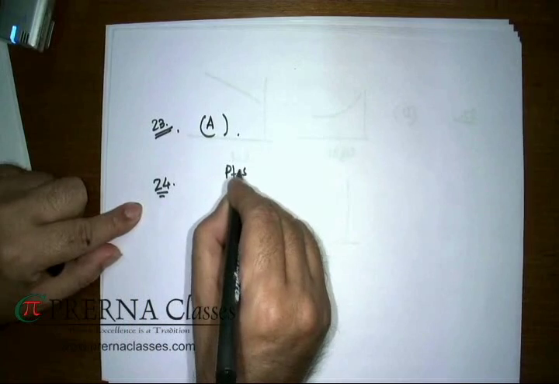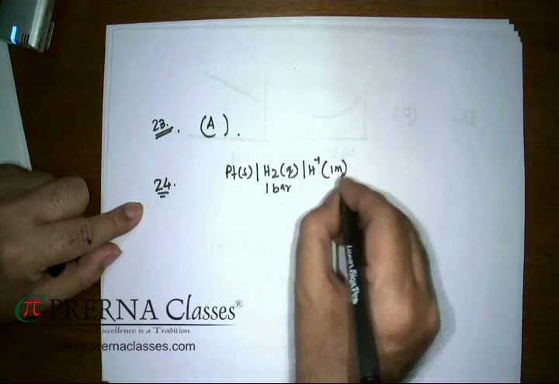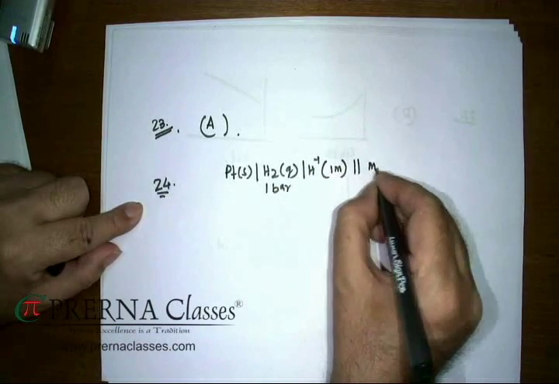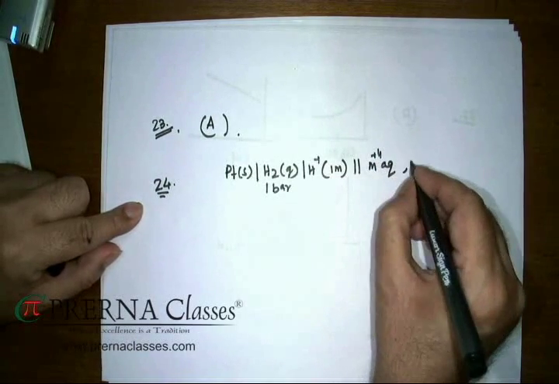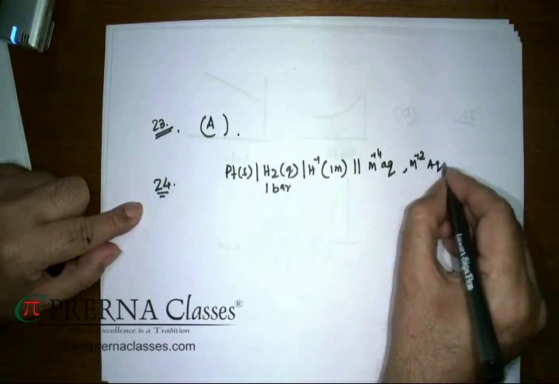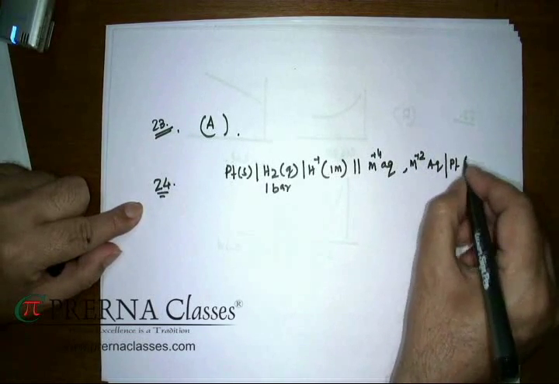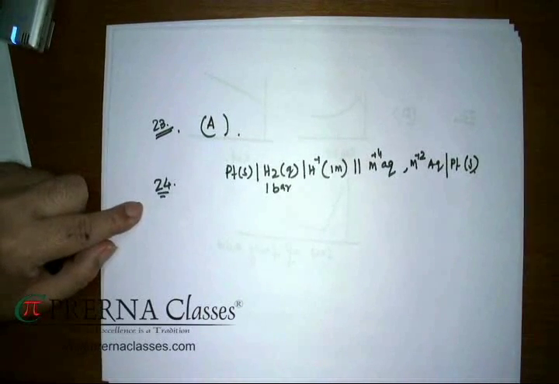Question 24. You have this hydrogen which is gaseous, and that's 1 bar. H plus 1 molar, M plus 4 which is aqueous, M plus 2 which is aqueous.